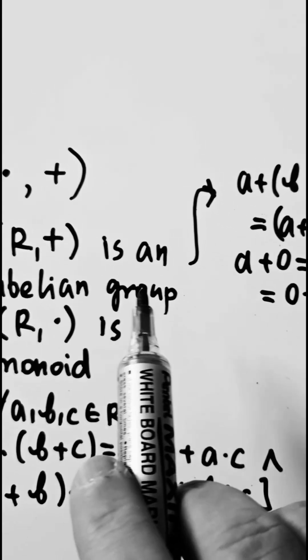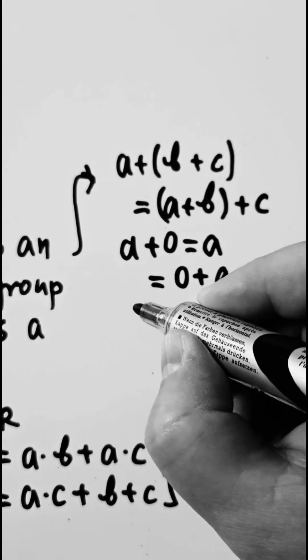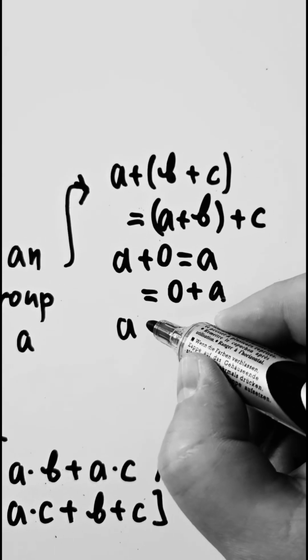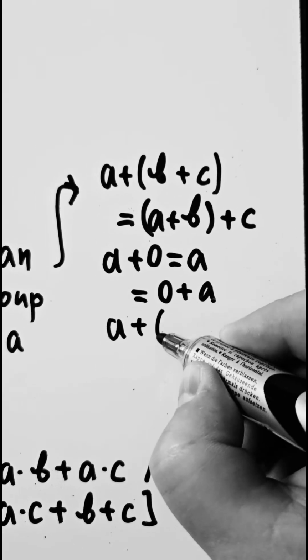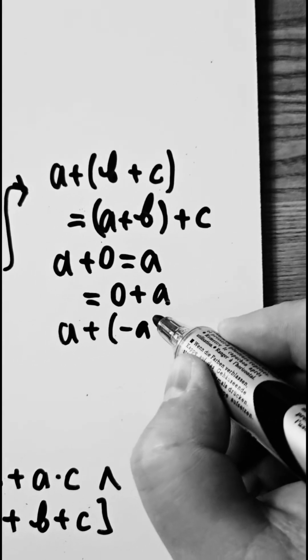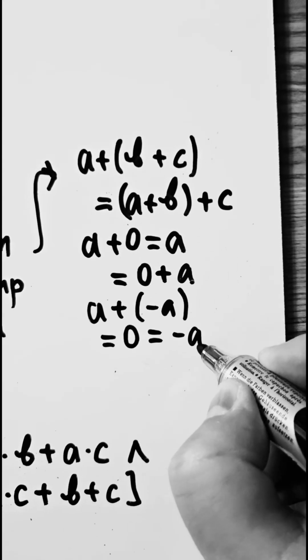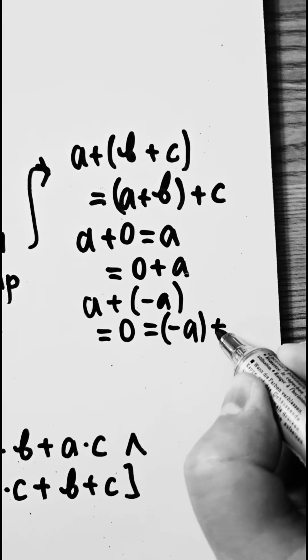What makes a monoid an abelian group is that further, for every a, we have an element called the inverse of a, so that when I add that element to a, I get 0, and the same is true if I add them the other way around.